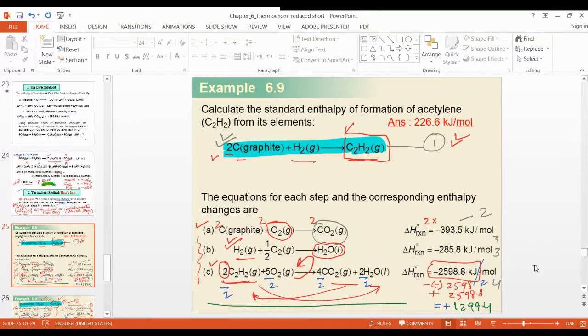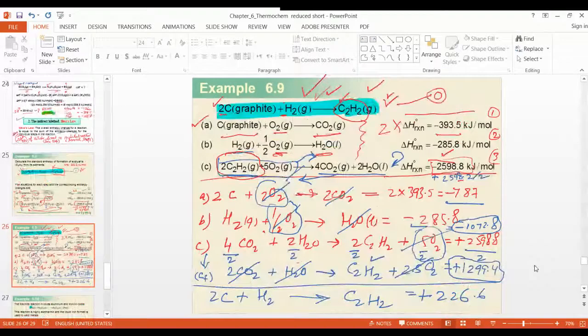In the last step, you cancel all the common elements or compounds which are present on the left and right side. You cancel those that are not in the main equation. See, this I already wrote here, and all these are cancelled, and whatever is left is the same equation you had in the beginning. So what is Hess's law?